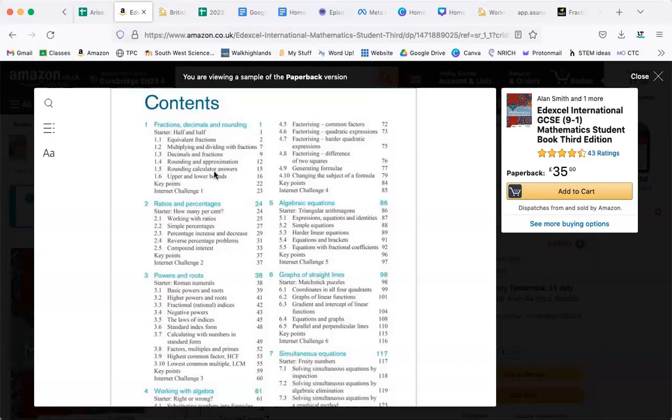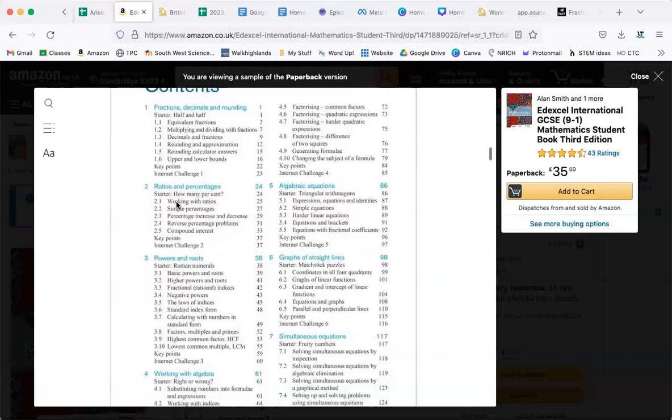That would be if you were doing a big sum on a calculator and it had loads of different digits, like 3.4567 and so on, how to round that properly. This is all likely to be revision. Upper and lower bounds is likely to be new to most people.